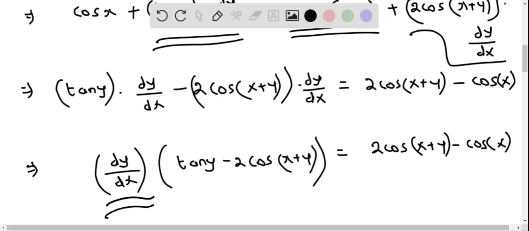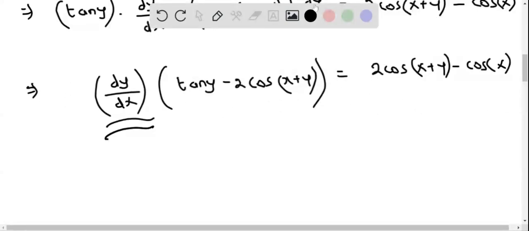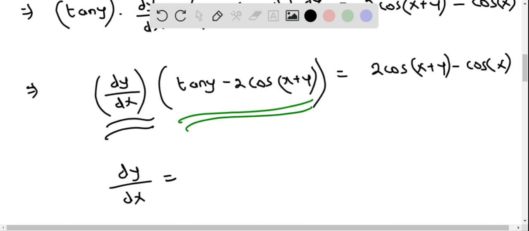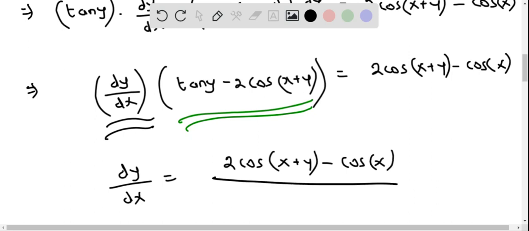Now, since we have to solve only for dy by dx, I'm going to divide both sides by this expression so that we get only dy by dx on the left side. So dy by dx equals, on the right side, 2 cosine of x plus y minus cosine of x, divided by the expression tangent of y minus 2 times cosine of x plus y.